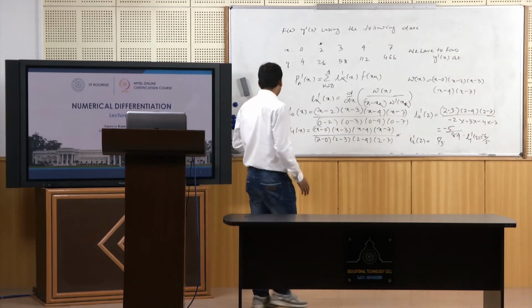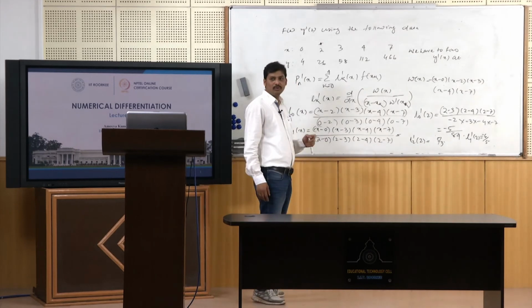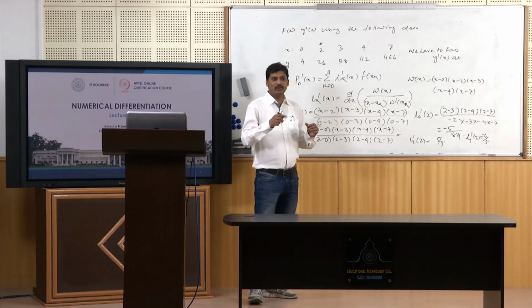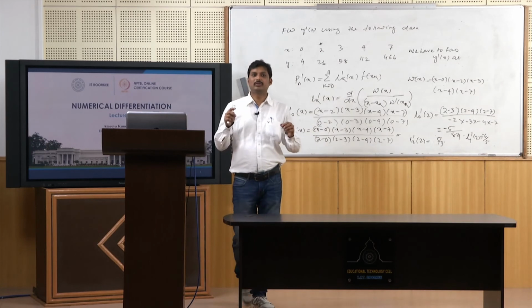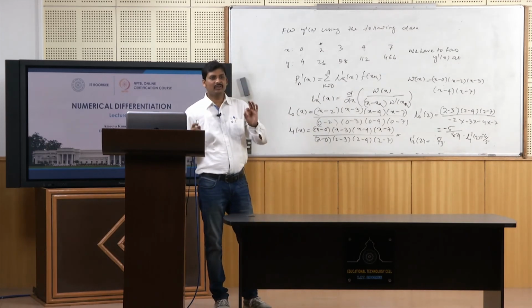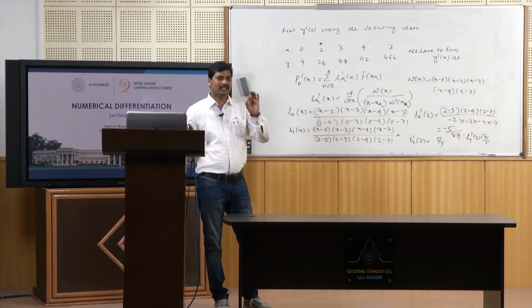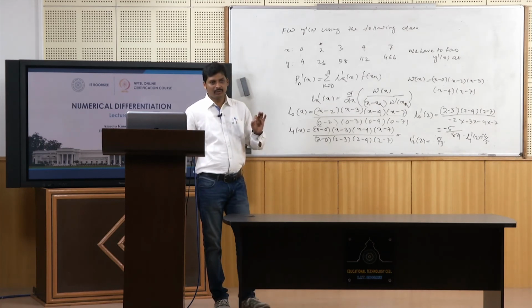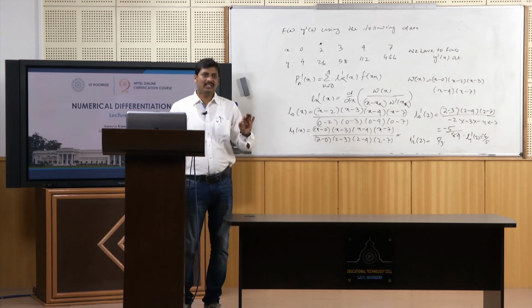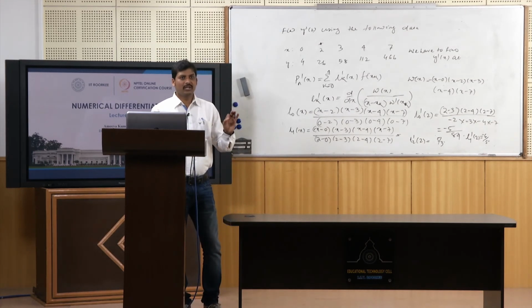This means that we can write y dash of 2 as L0 dash of 2 into f of x0 plus L1 dash of 2 into f of x1 plus L2 dash of 2 into f of x2 plus L3 dash of 2 into f of x3 plus L4 dash of 2 into f of x4.